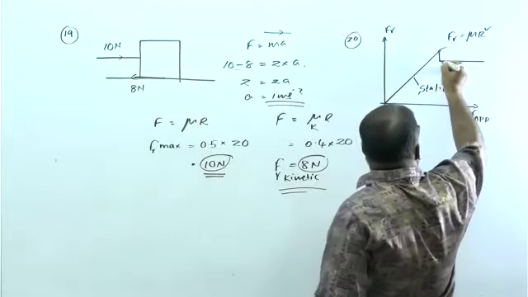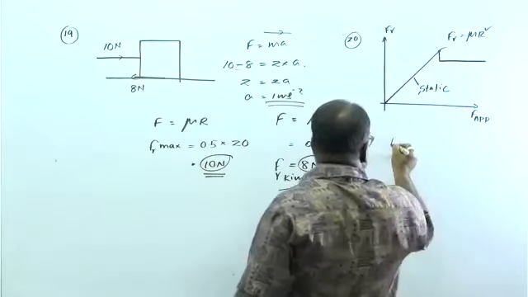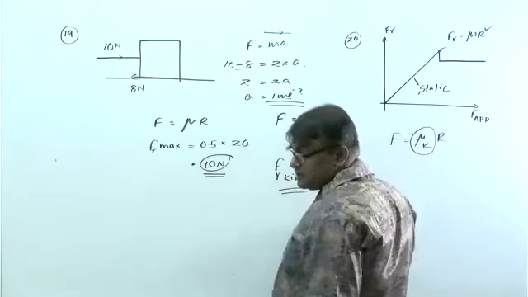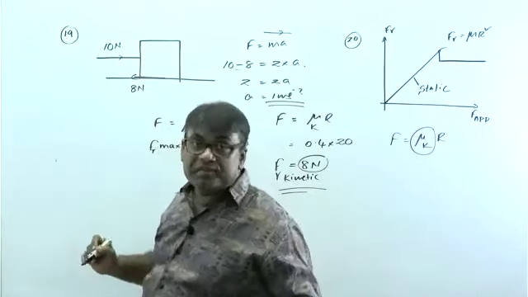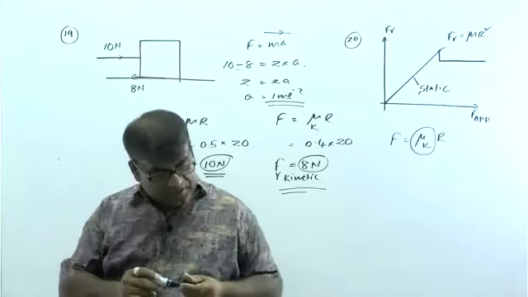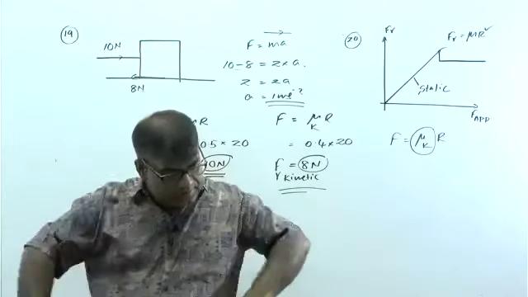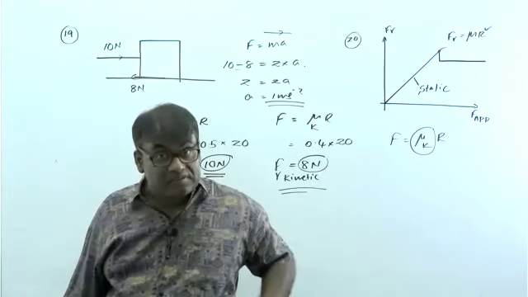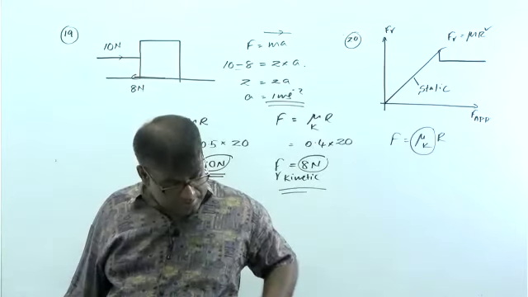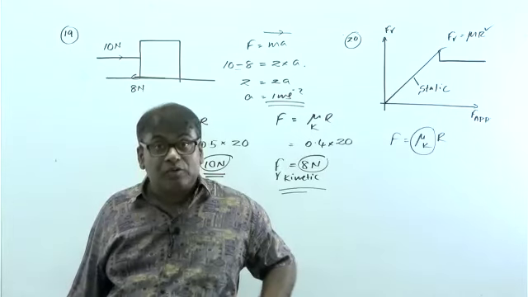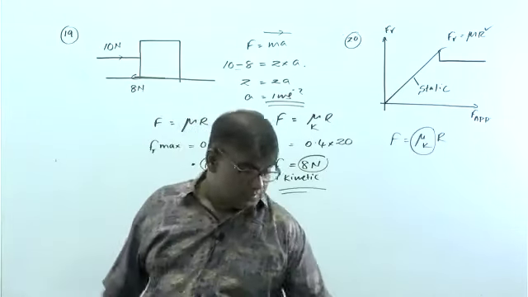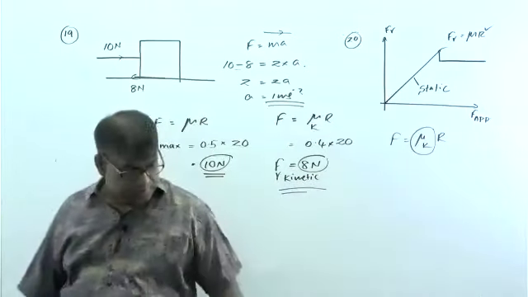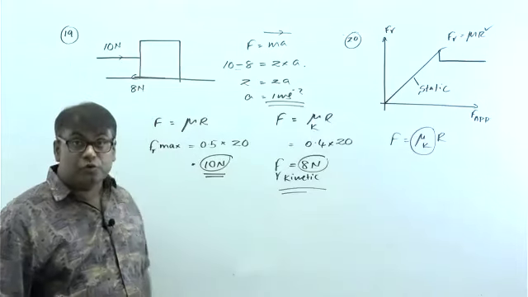Kinetic friction has a definite value, F equals mu k R, with mu k depending on the nature of the surface. Here A is wrong, B is correct, C is correct. So the fifth answer is the correct one. Right, that is the complete discussion of the fourth paper set. Okay.